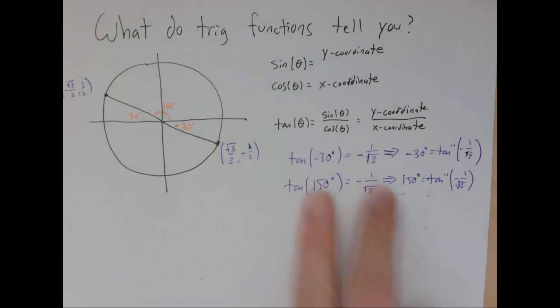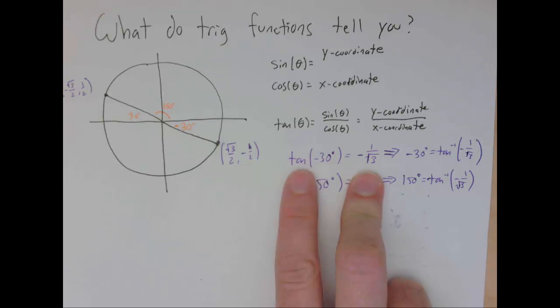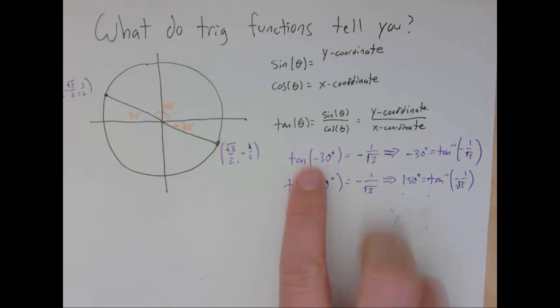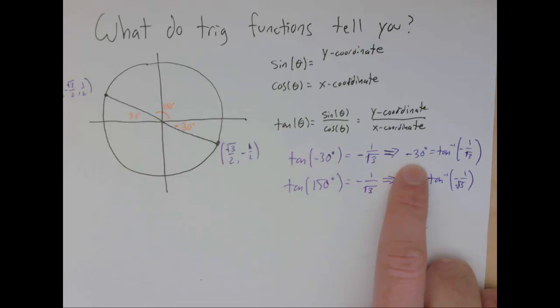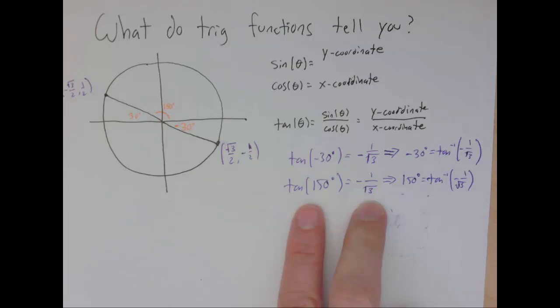So what happens if I take the inverse tangent of both sides of this equation? The way that you have been thinking about this up till now is that tangent and inverse tangent undo each other. So on the left-hand side, you have negative 30 degrees, and on the right-hand side, you've got inverse tangent of this y-coordinate over x-coordinate. But if you do the same thing here, you get this.